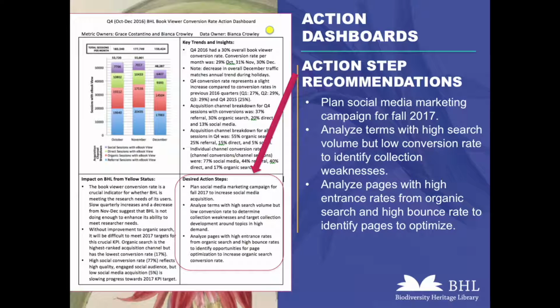I also recommend that we analyze terms with high search volume but low conversion rate to determine collection weaknesses and target collection development around topics in high demand. Finally, I recommend that we analyze pages with high entrance rates from organic search that also have high bounce rates to identify opportunities for page optimization to increase organic search conversion rate.